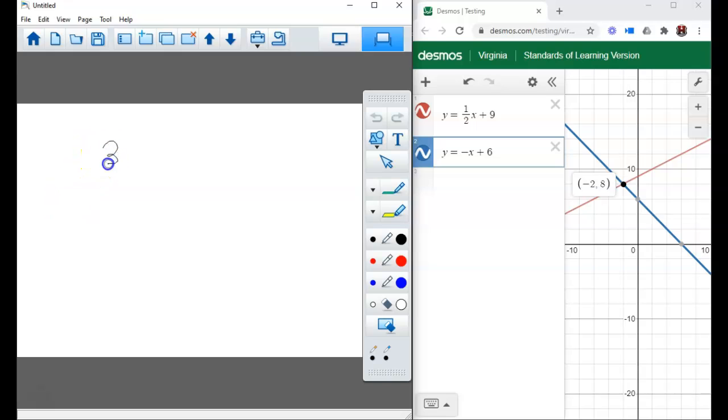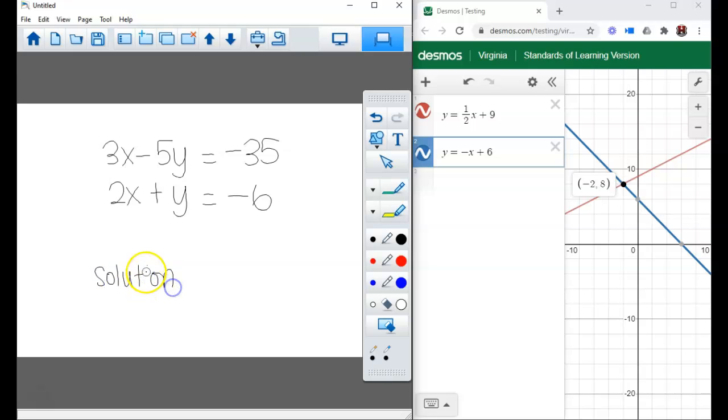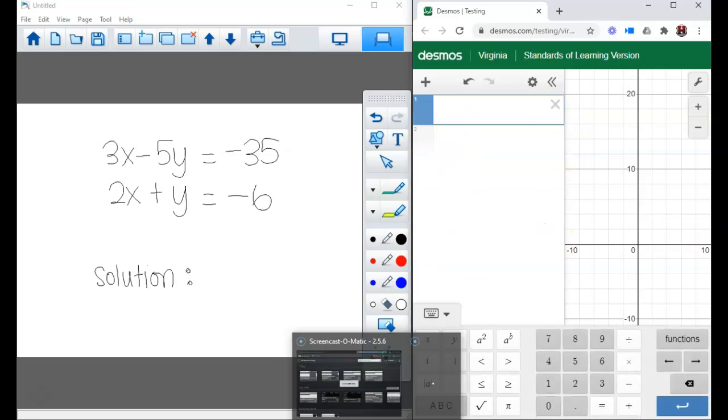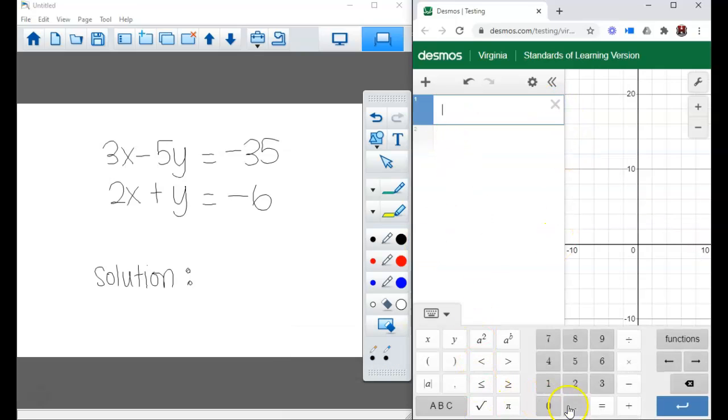Let's do this one. Let's do 3x minus 5y is equal to a negative 35, along with 2x plus y is equal to a negative 6. And we will again here identify the solution for this system. So I'm going to delete both of these. And then I'm going to type in that first one, 3x minus 5y equals a negative 35.